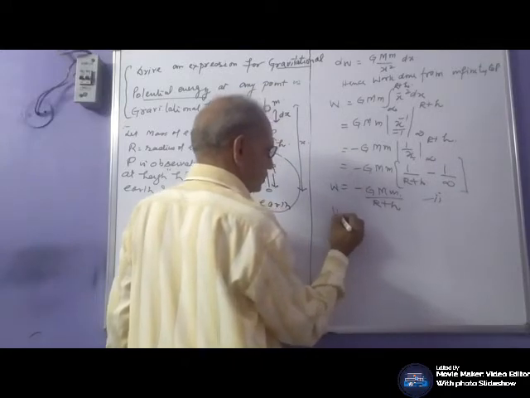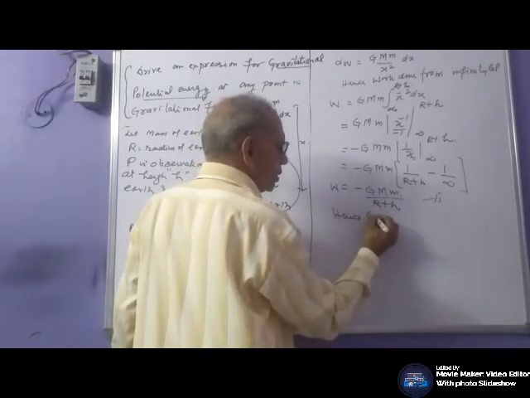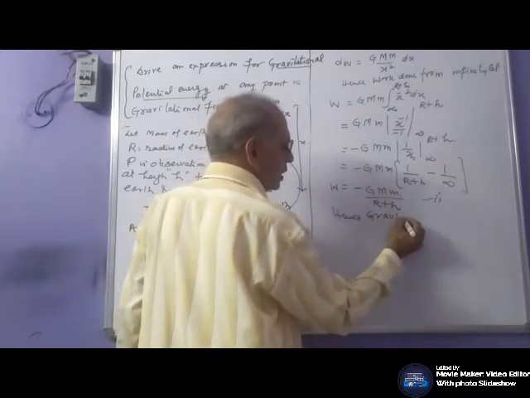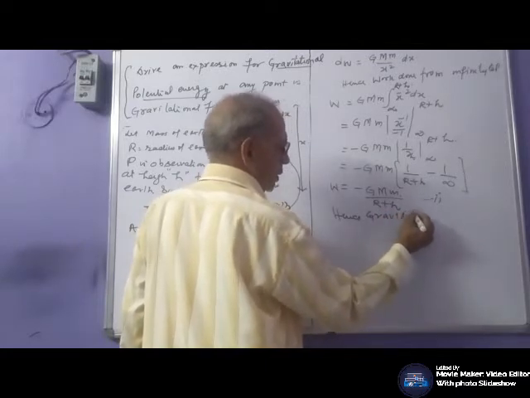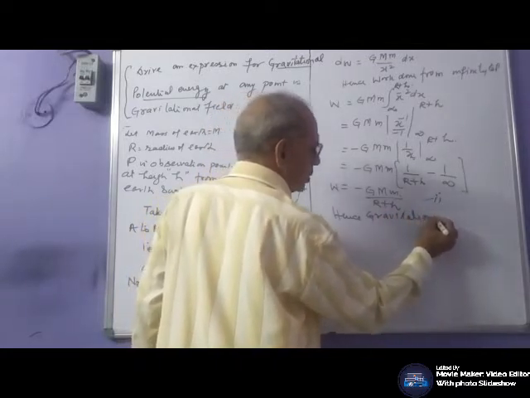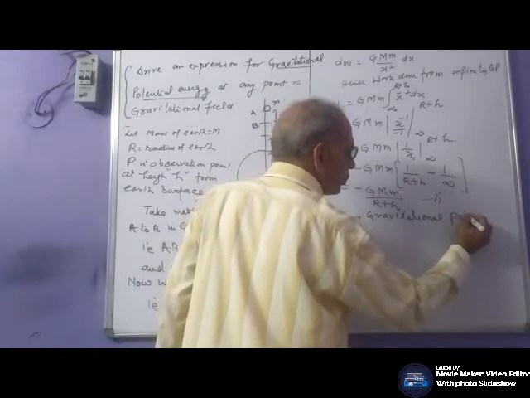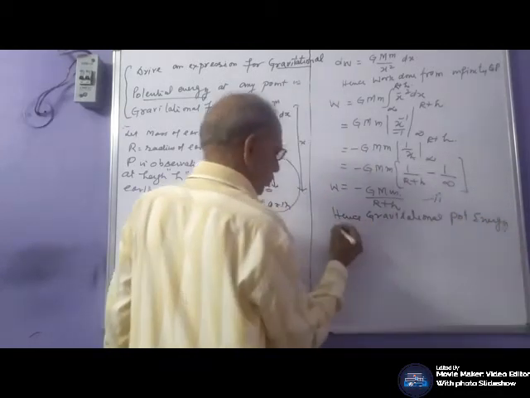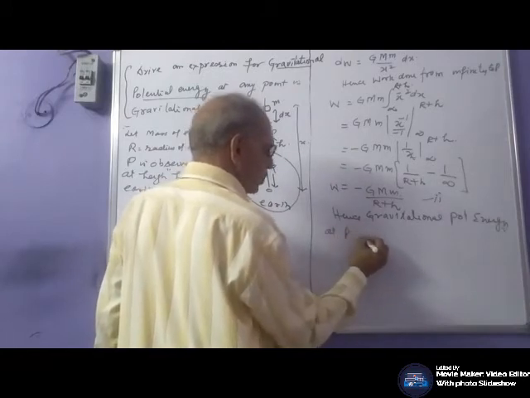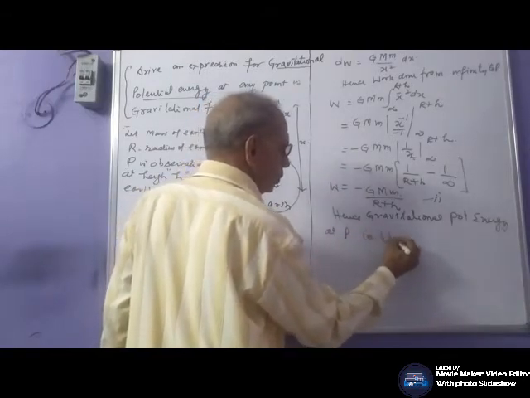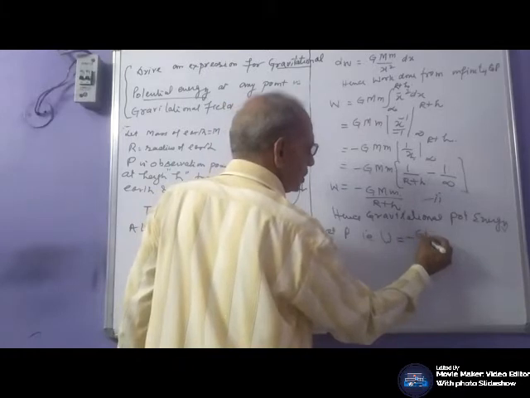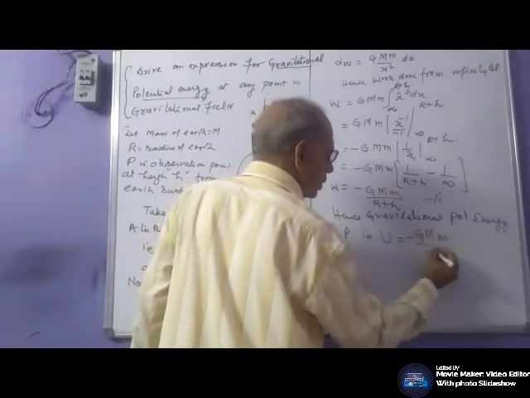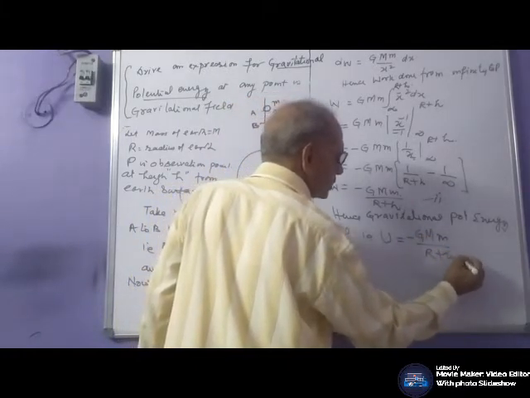Hence the gravitational potential energy at P, that is U, equals minus GMm by r plus h.